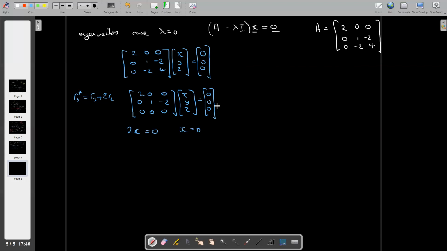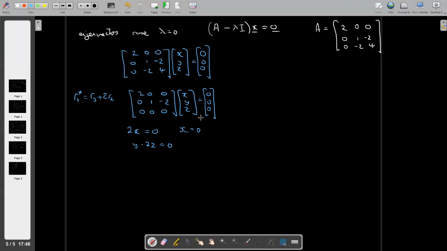That's nice. We're going to have y take 2z is equal to 0. And that's pretty much it. Because this bottom row, we haven't got any more information. So we're going to have to assign a parameter to one of these, to y or z.